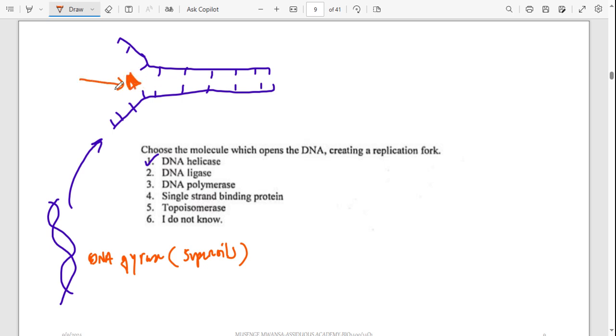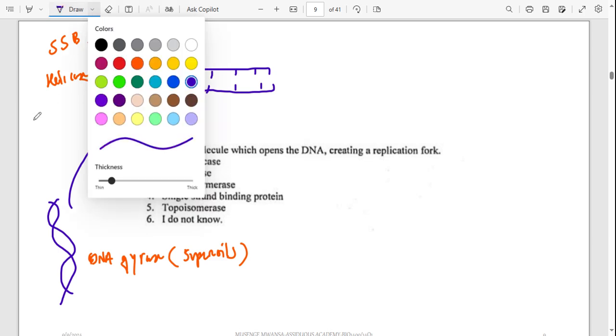What is helicase doing? It is separating the two strands. Now the strands which have been separated, you are going to have another protein here known as single stranded binding protein, SSB protein. That one is binding to these regions that have been separated to prevent them from coming back together.